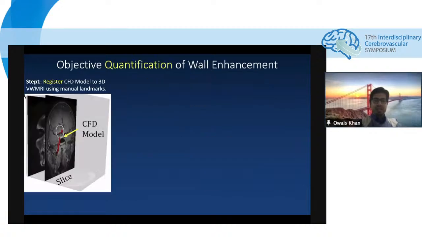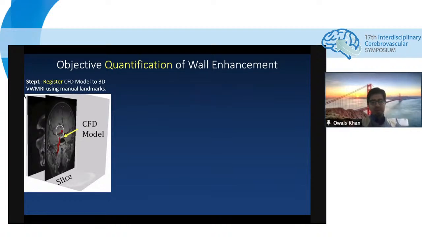Now, let's talk about the quantification method. How did we quantify wall enhancement? First, we registered the CFD model derived from 3D rotational angiography to the vessel wall MRI using manual landmarks.